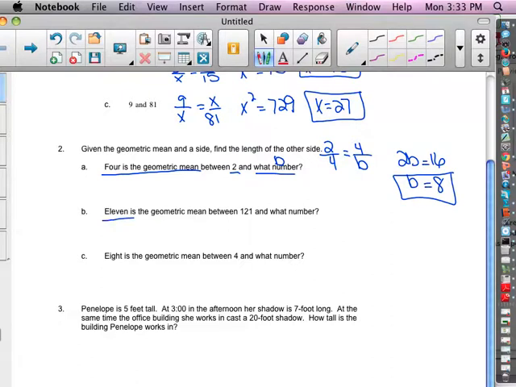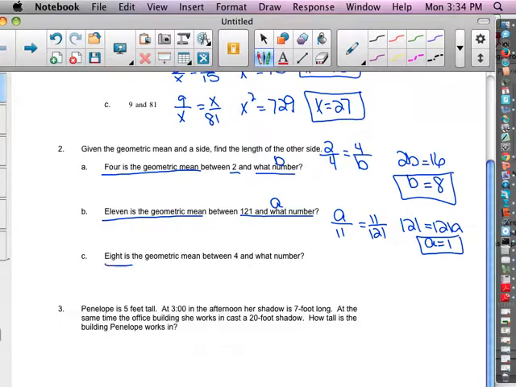Again, this time 11 is the geometric mean between 121 and some number, call that whatever you want, a or b. So a is to 11 as 11 is to 121. So 121 is equal to 121a, so a is equal to 1 in this case.